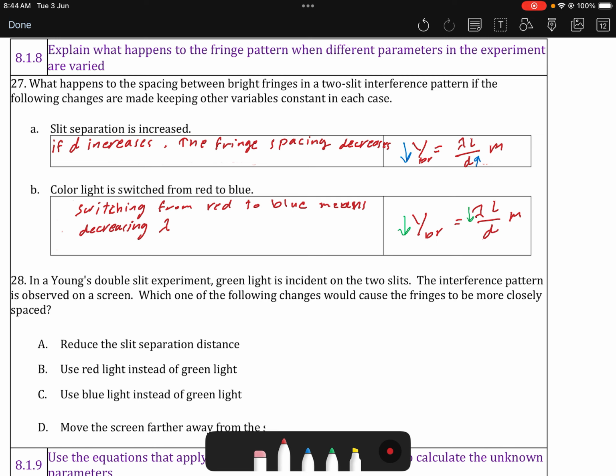Okay, and that will decrease the spacing, or the fringe spacing, or the spacing between the fringes. Okay, that's it. You can use your own words. Okay, the meaning is the most important part here.